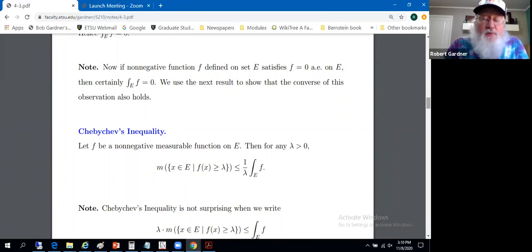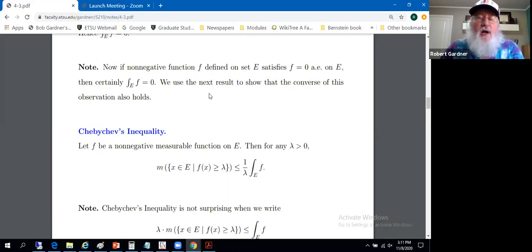Okay, so let's move on to doing something a touch more productive. If f is a non-negative function defined on set E, I'm not saying measurable every time we encounter these things, but of course the sets are measurable and the functions are measurable, and f equals 0 almost everywhere on that set, then certainly the integral will be 0.